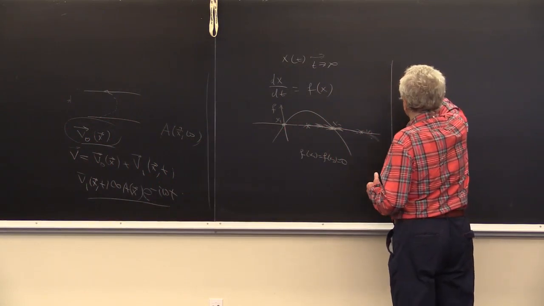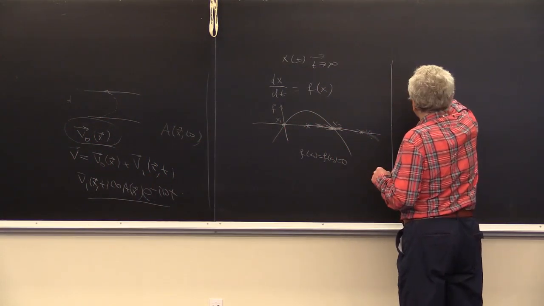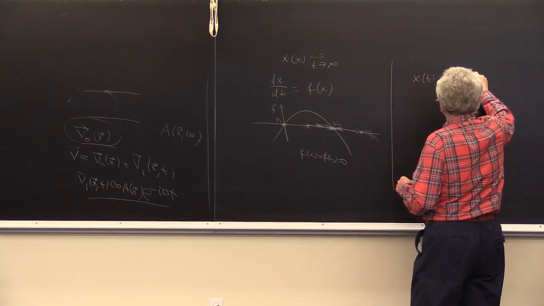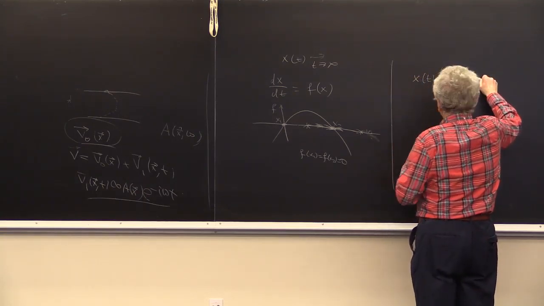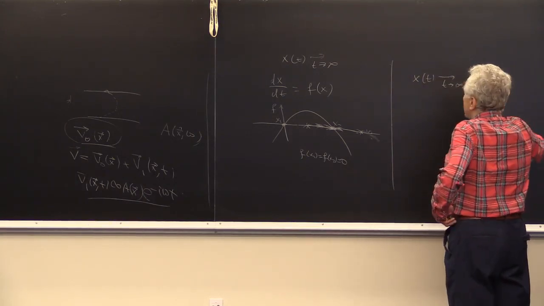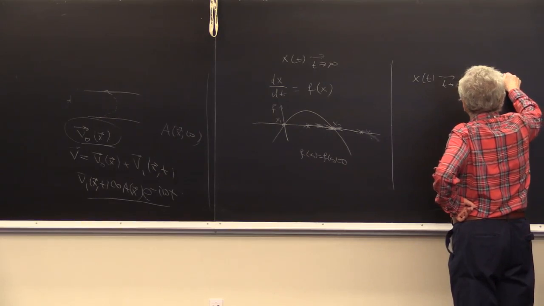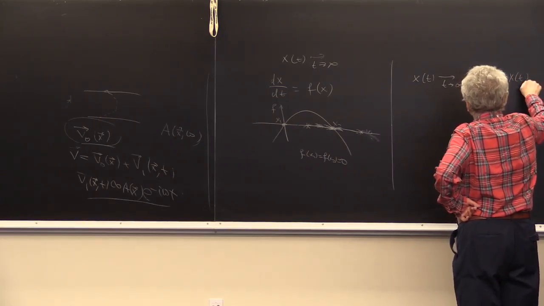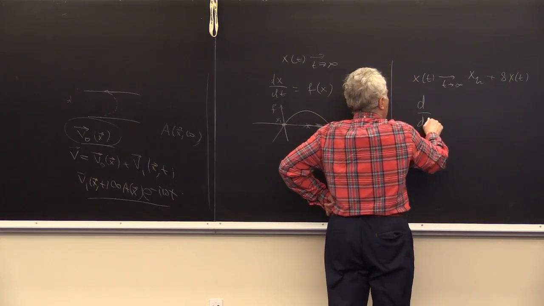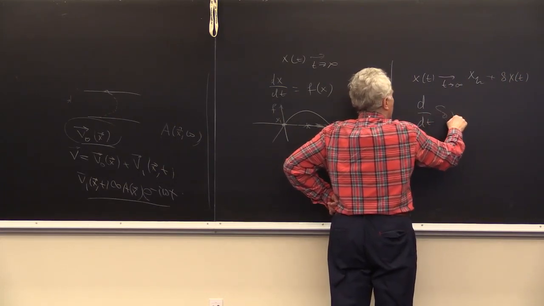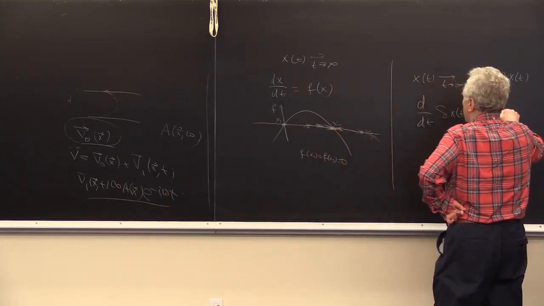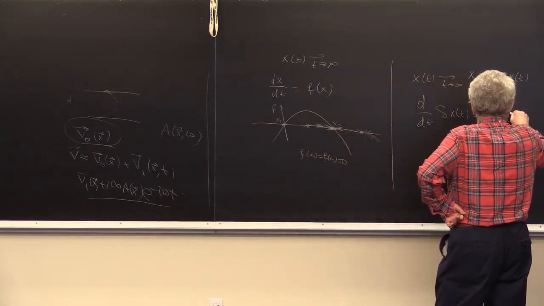Let's take a look. The first part was quite correct. x(t) approaches the value x2. Plus, let's consider some delta x of t. Delta x of t will satisfy the equation d/dt delta x of t is equal to f prime of x2 times delta x.